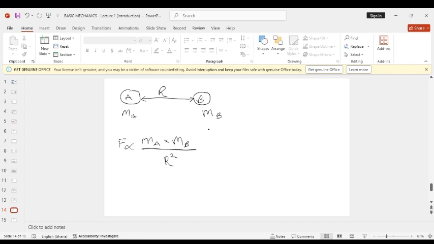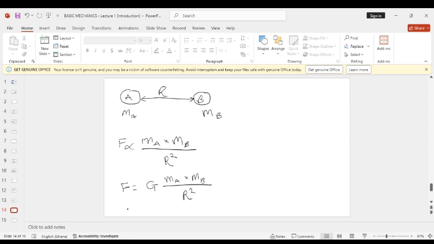Now let's change the proportional sign and represent it with an equation. Then we get F is equal to, since we've changed the proportionality sign to an equal sign, we introduce the constant of proportionality, G, times MA MB over R squared.